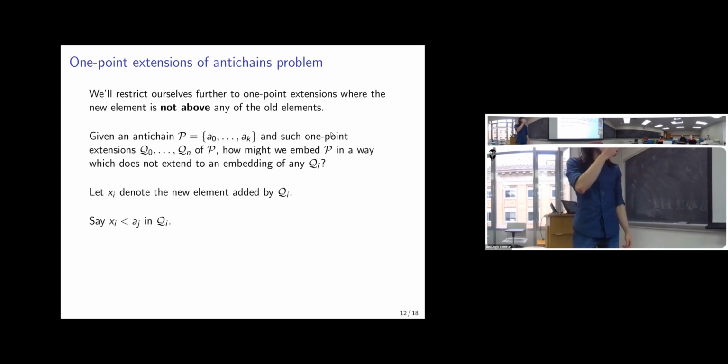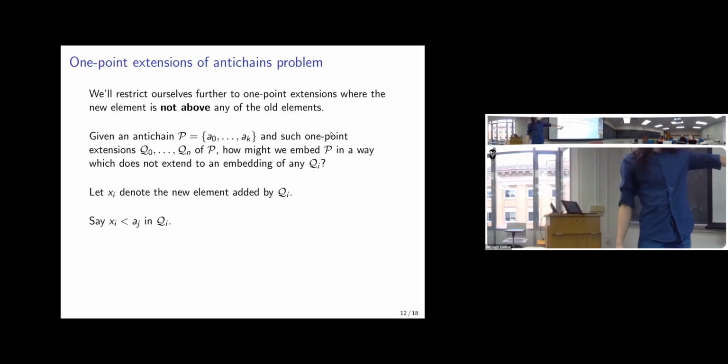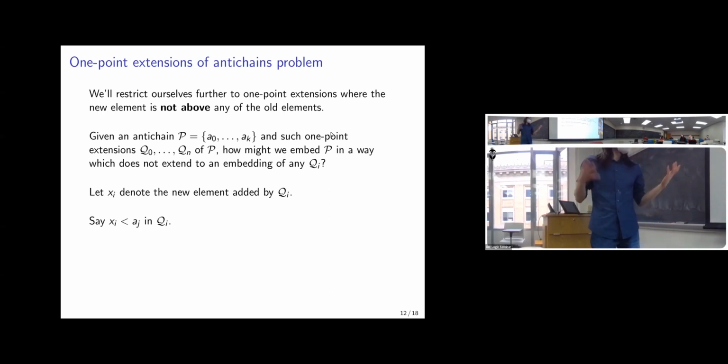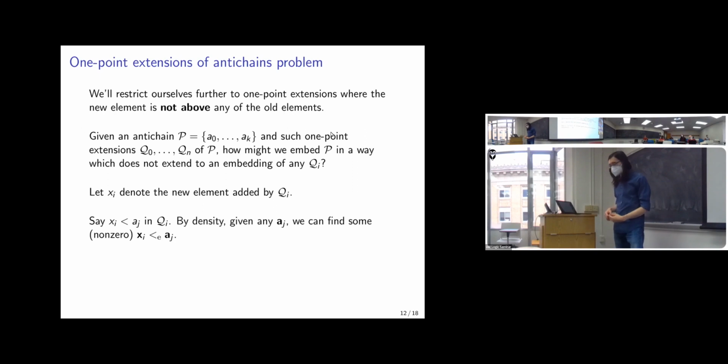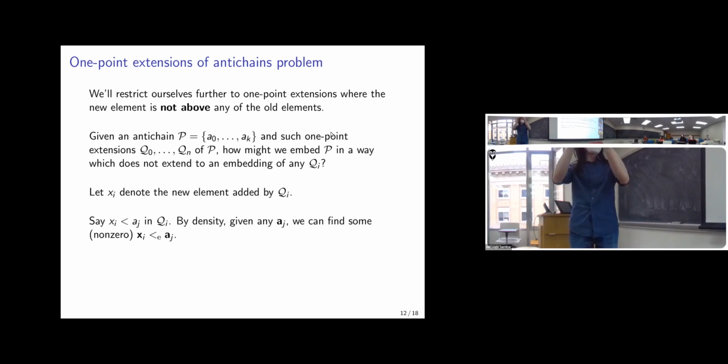Let's just say that xi is below aj in the order Qi. Then we know that given any degree aj, by density, we can always find some non-zero xi that's strictly below it.